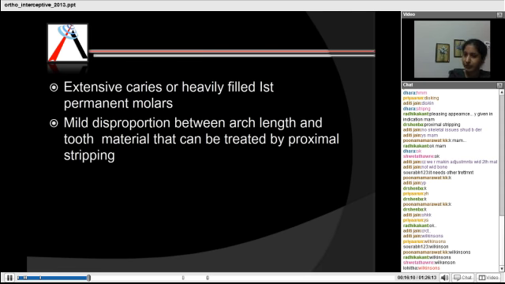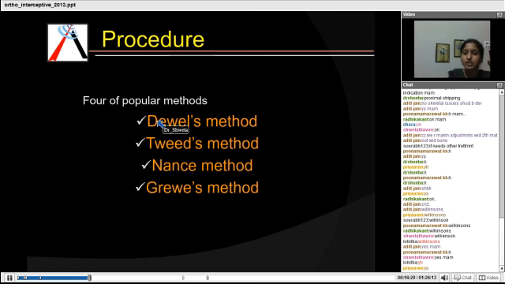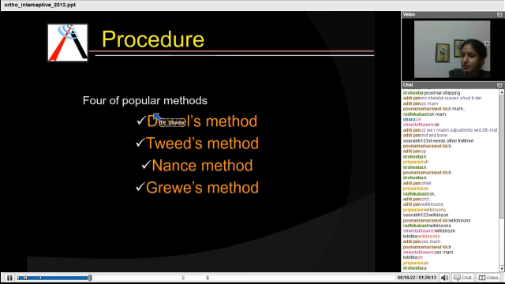Okay. Next is the procedure. The procedure has 3 methods, as you know: Dewey's, Tweed's and Nance. You will not go with Dewey's method here; you will learn that in PG. For the MCQ point of view, you just need to know these 3 methods, and I am very sure all of you know how they work.